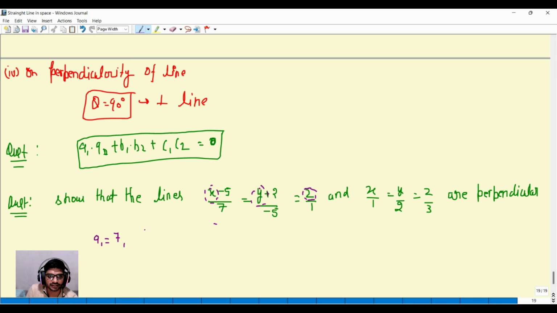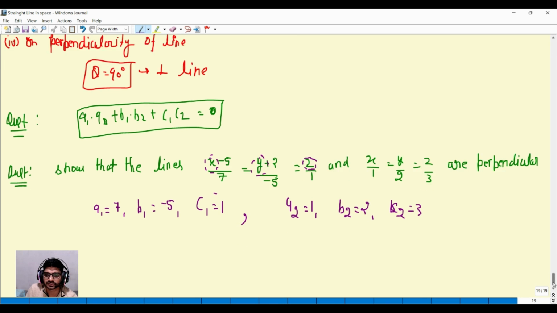So the value of a1 is 7, b1 is minus 5, and c1 is 1, and the values of a2 is 1, b2 is 2, and c2 is 3.